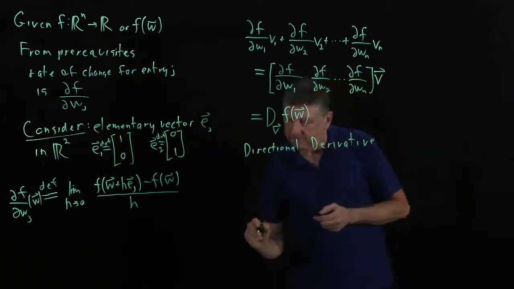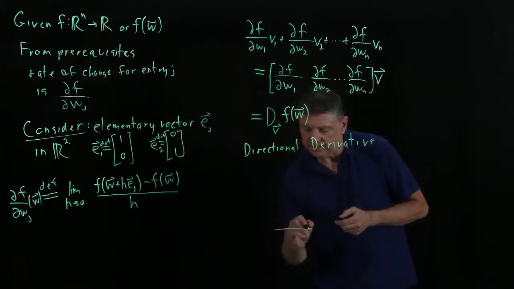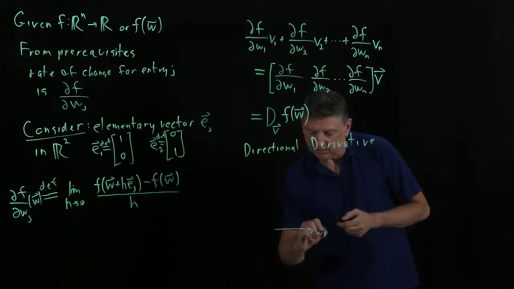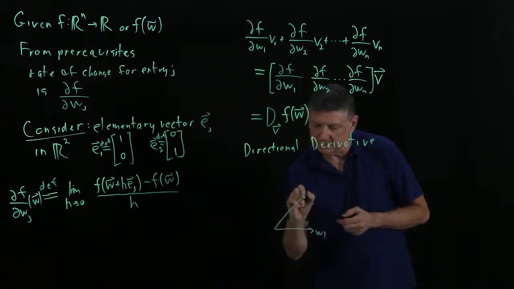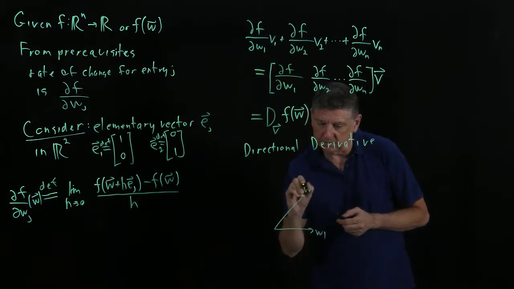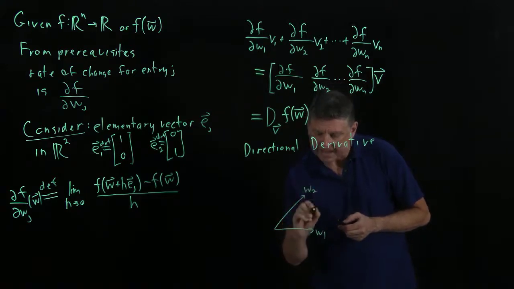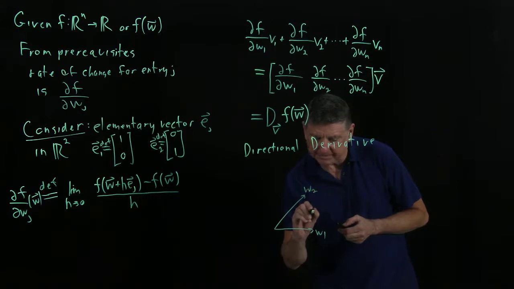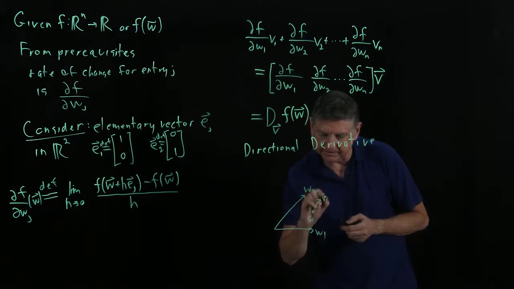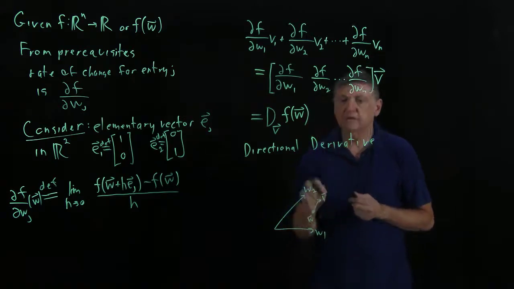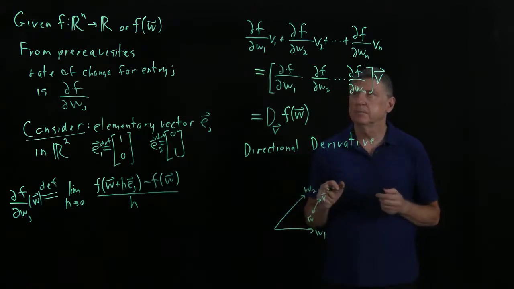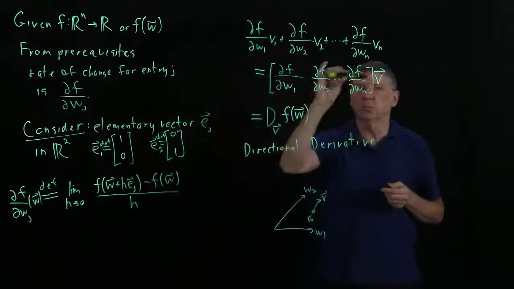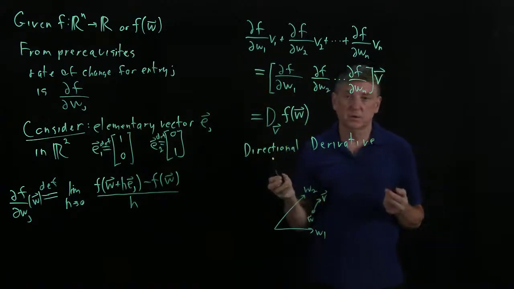So let's suppose that we have a 2D example. So this is W1, this is W2, and if we're at some place W, and we have some direction that we're interested in, we can find the directional derivative. Because it's this one form times a vector, it's a very simple computation.